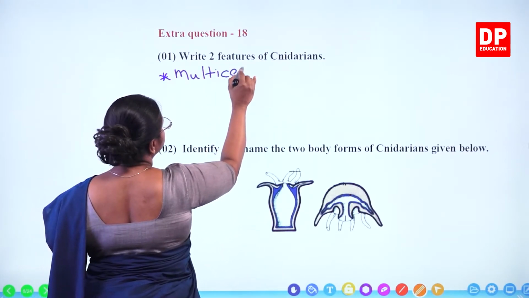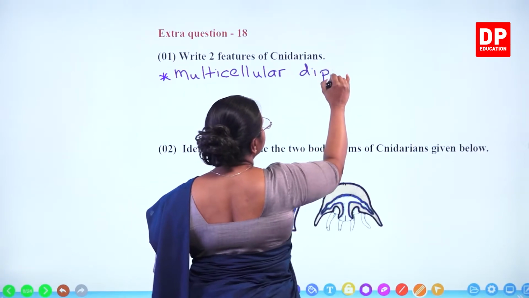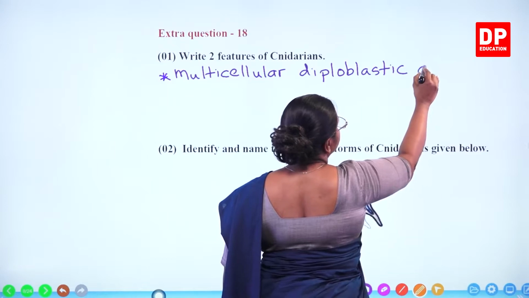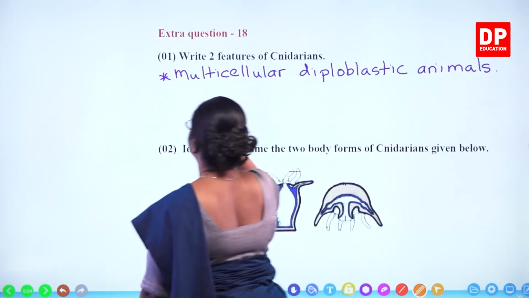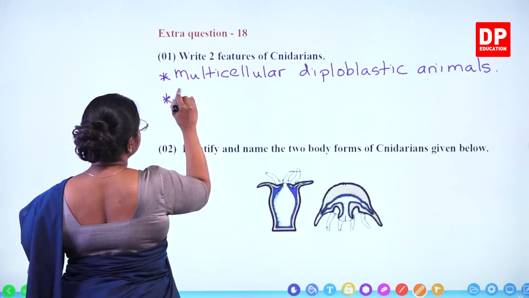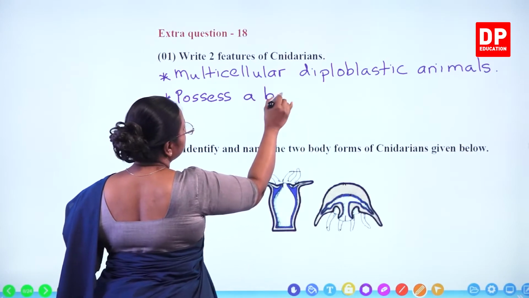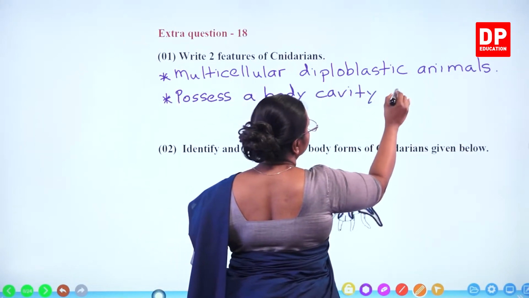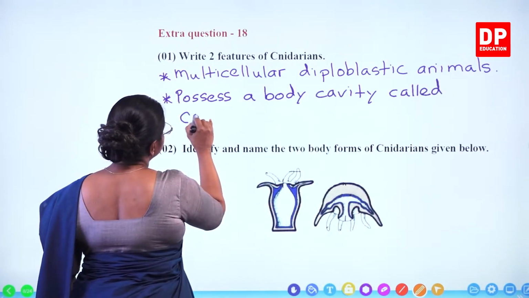Multicellular diploblastic animals possess a body cavity called coelenteron.